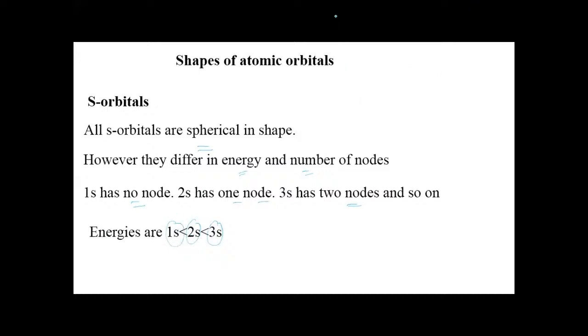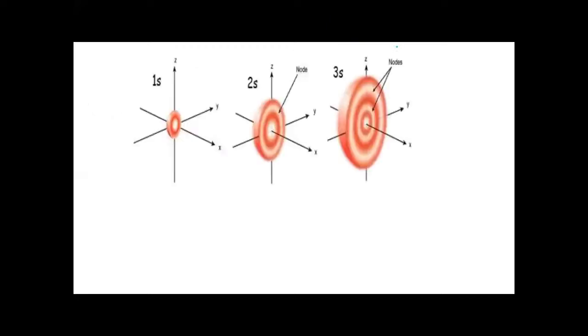In this slide, we will calculate the number of nodes. We know the formula for the number of radial nodes is n minus L minus 1. So these are the radial nodes along the spherical area. For 1s, the value of n is 1 and the value of L is 0. So we place the values: 1 minus 0 minus 1 is 0.